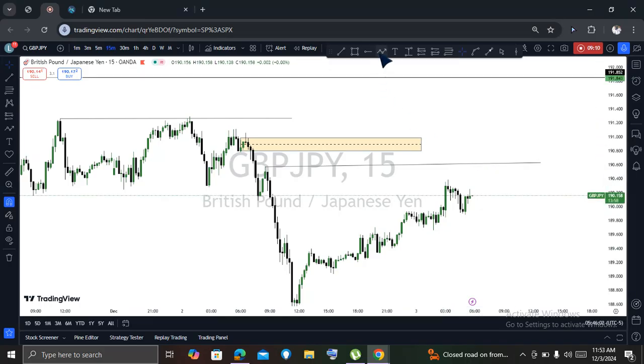So when I see something like this, maybe it approaches this area after it takes this inducement liquidity here, then I will wait for something like this, and I'll take the trade.